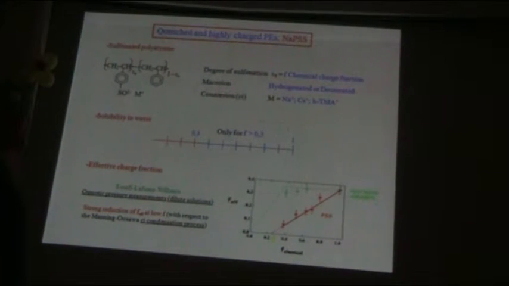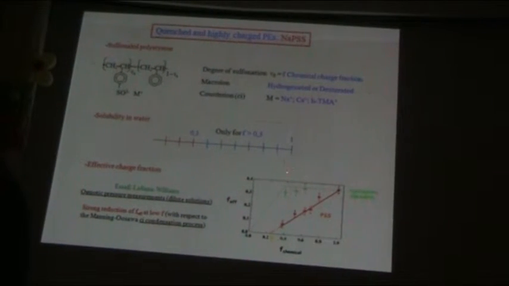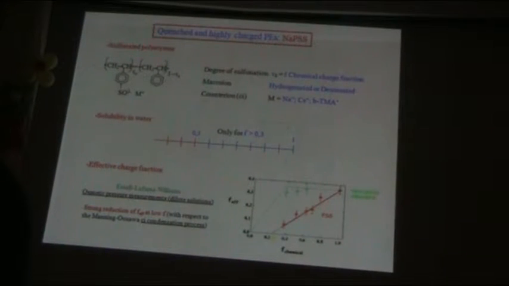Of course, here there is another point. It is a hydrophobic polyelectrolyte. Why? Because if you have a hydrophilic polyelectrolyte, when you increase the chemical charge fraction, the effective charge is directly equal to the chemical fraction, until a certain threshold. Beyond this chemical fraction, due to the condensation of counterions on the macroion, the effective charge will not change.